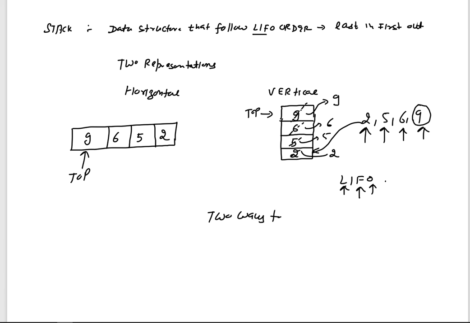The first way is using the concept of an array, and the second way is using the concept of a linked list. First we will see how we can use an array for implementation of this data structure called a stack.